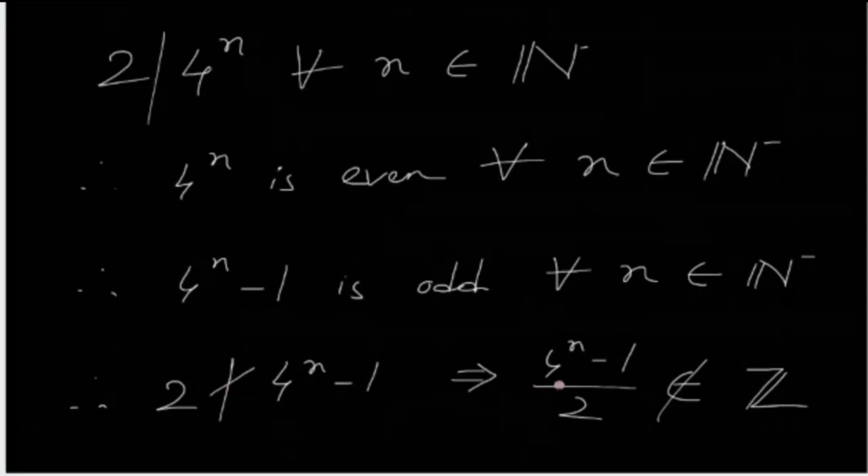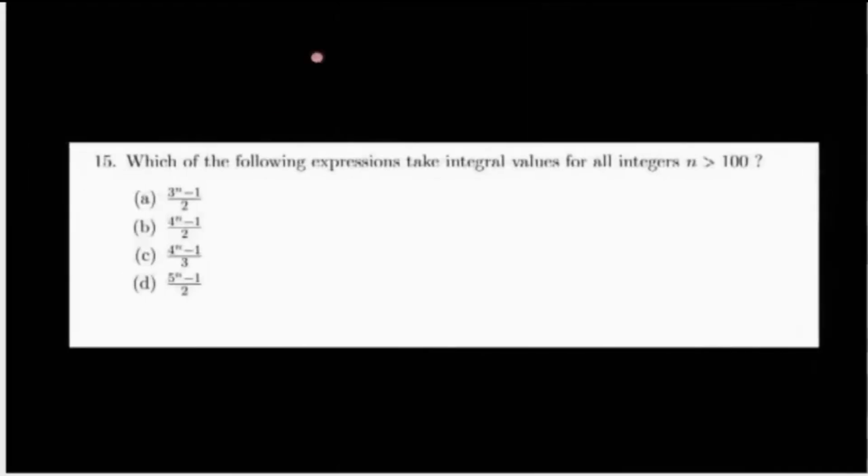So (4^n - 1)/2 is not going to be an integer, no matter what value n takes. So option B is not going to be the answer. Option A is, but not B.